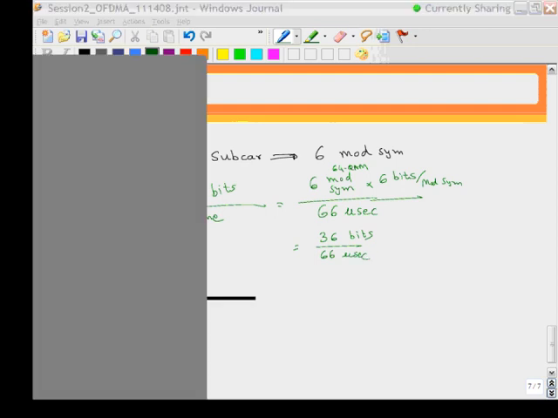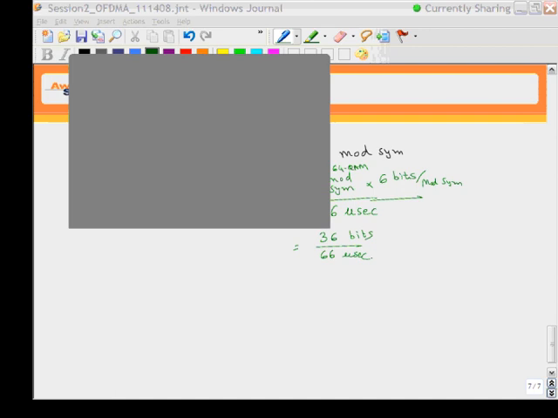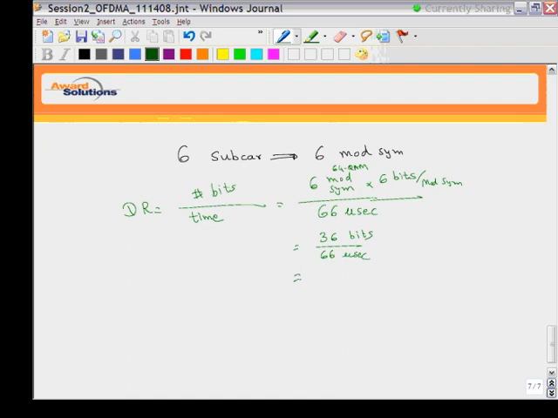So let me do a simple calculation. 36 divided by 66. I got 0.5 megabits per second. Okay, so if I have 6 subcarriers, my data rate is 0.5 megabits per second. If I have 600, I will get 50 megabits per second.